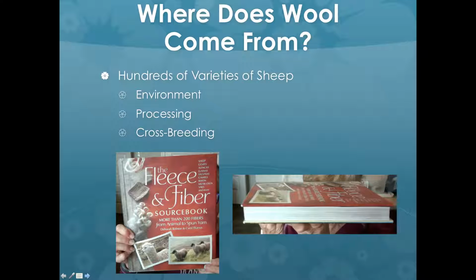So when they process wool in factories to make yarn or fabric, they use sulfuric acid, which strips away all the impurities. It also takes the scales off of the sheep fiber. That could be what you're sensitive to, the sulfuric acid, because I don't think you ever get it out.